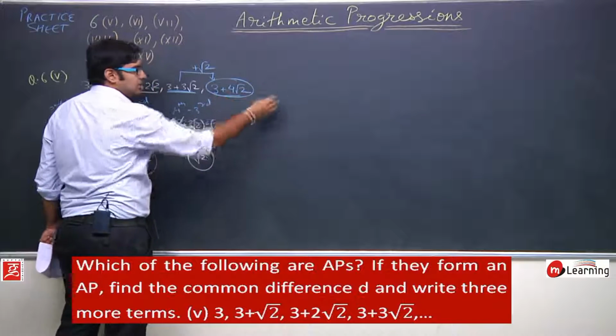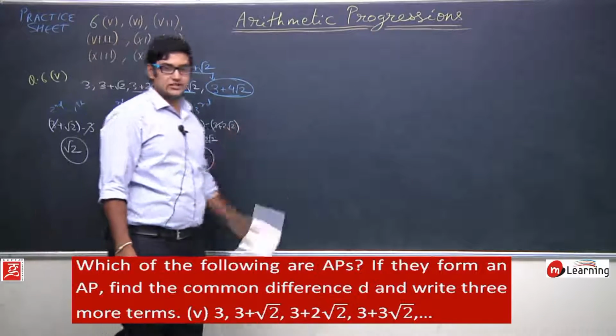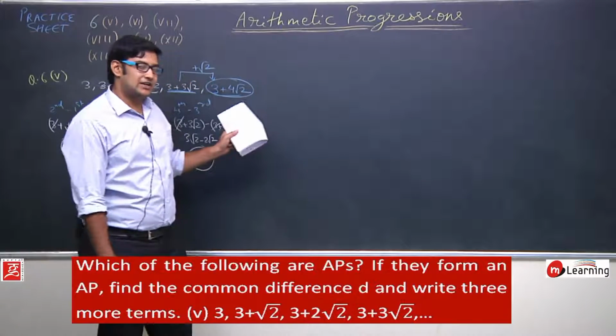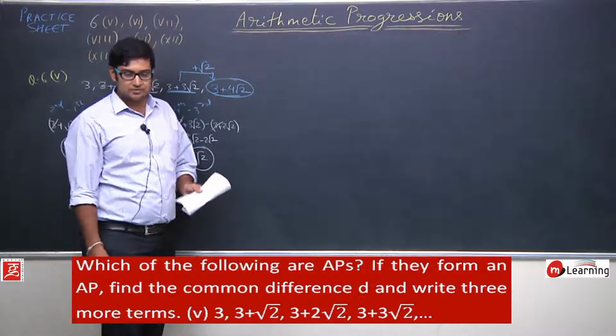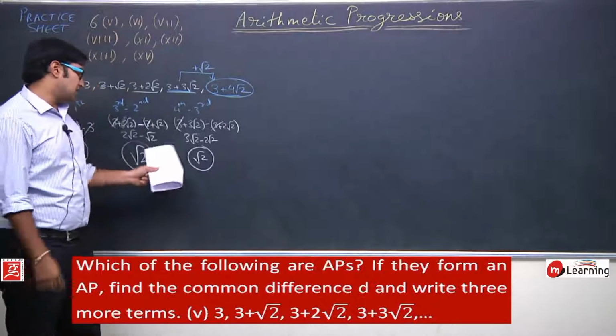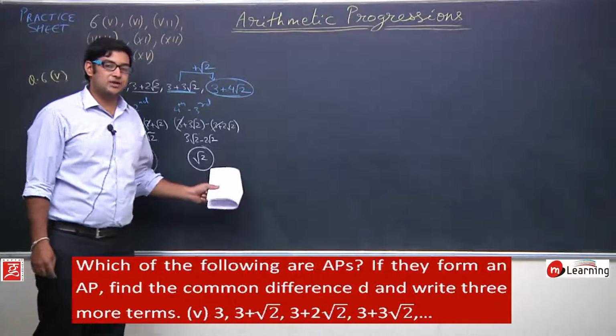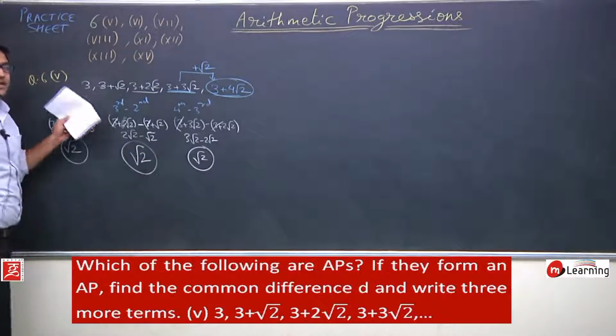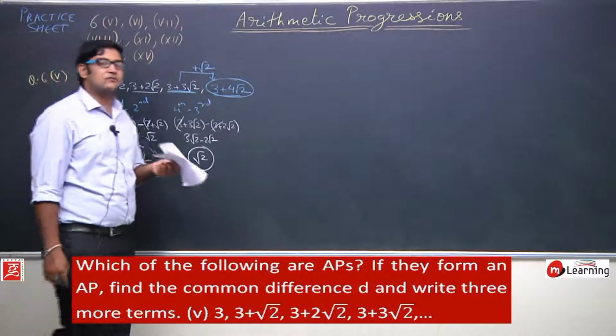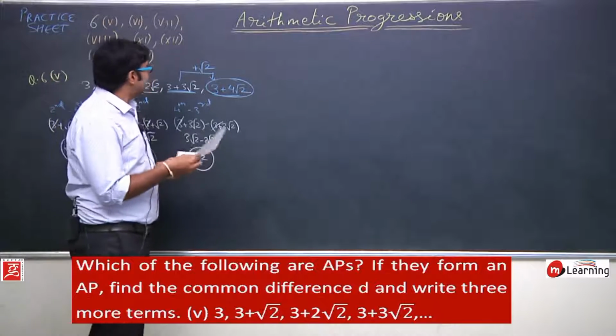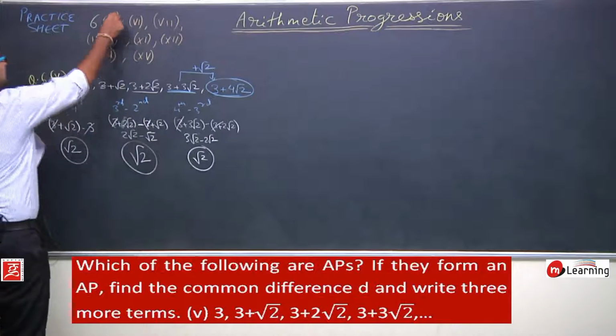And you can determine the successive terms after this. So, this is definitely an arithmetic progression, even though the common difference is an irrational number while the first term is a rational number. You may get confused here, that is why I have discussed this part. So, this is the fifth part.